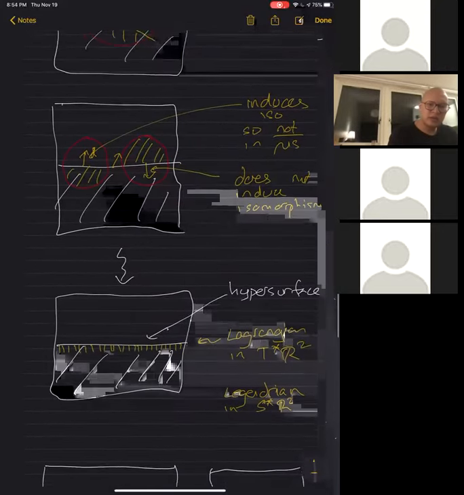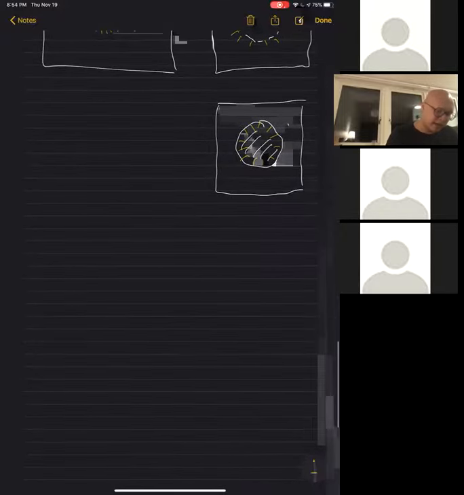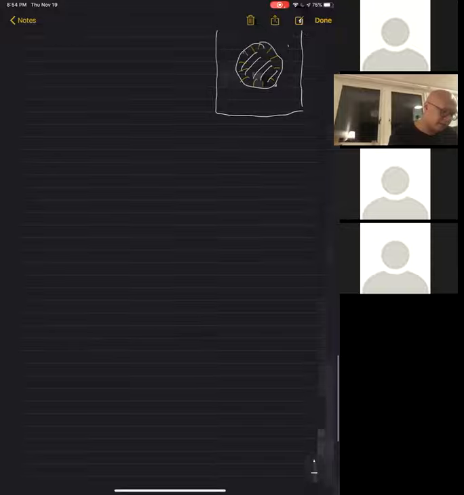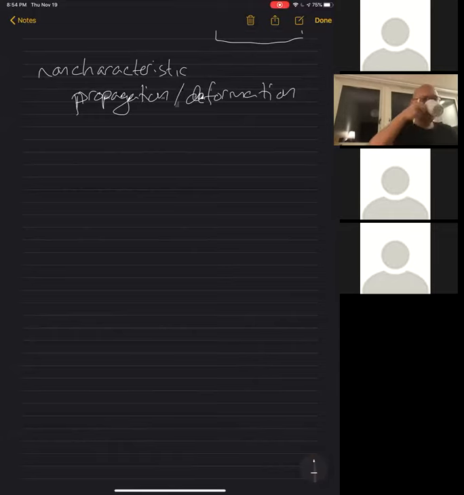I just drew you these kinds of pictures. And then I promised I would explain what non-characteristic propagation is. So let me do it. Some people call it non-characteristic propagation, and some people call it non-characteristic deformation. Maybe just a bit of etymology.